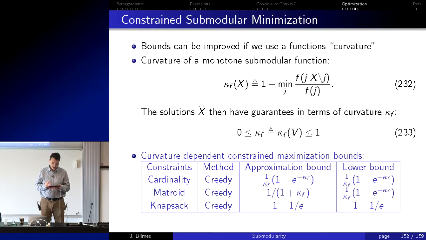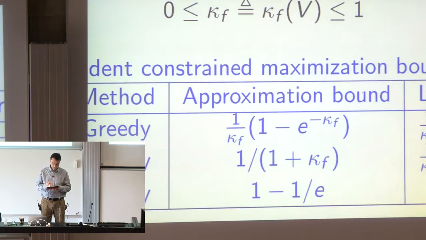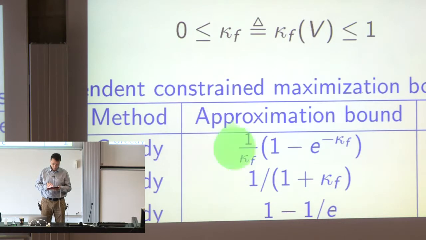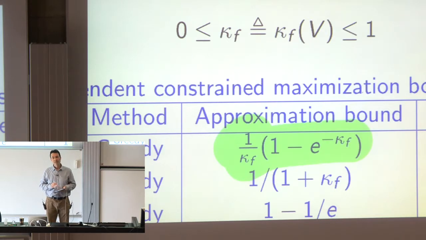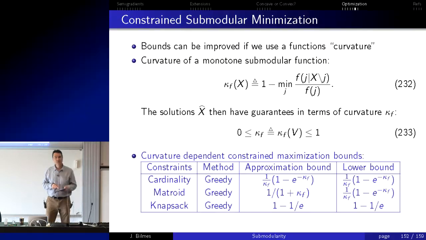So the guarantee for the greedy becomes 1 over the curvature times 1 minus e to the negative curvature. If the curvature is 1, of course, we get the 1 minus 1 over e guarantee again. But if the curvature is 0, then suddenly the bound becomes 1, so we can do it exactly. And for other types of constraints, if you bring curvature into the picture, the bounds improve.